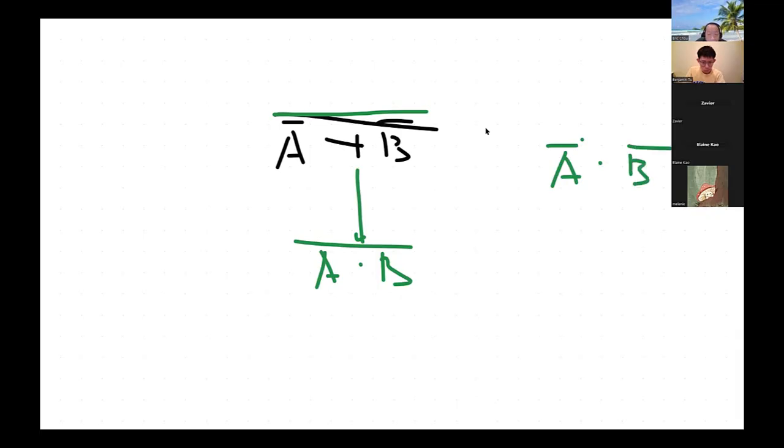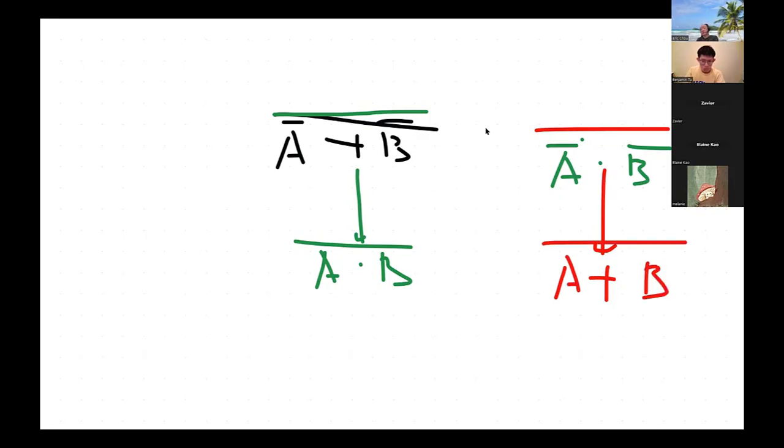You merge it together, the operator changes from AND to OR. It becomes not (A or B). Okay, this is the reverse operation of the De Morgan rule. So you can break the bar or you can merge the bar, but the operator will be changed.